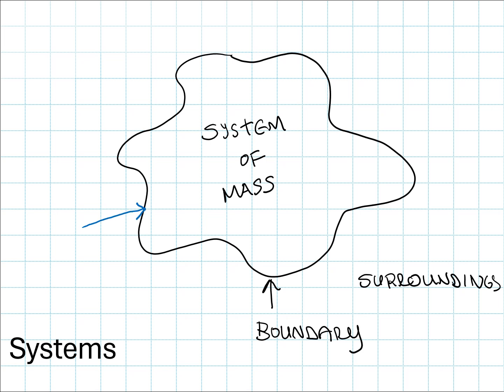So if I've got mass trying to cross between my surroundings and my system, and it's unable to cross, then that makes this a closed system of mass, which is sometimes also called a control mass.